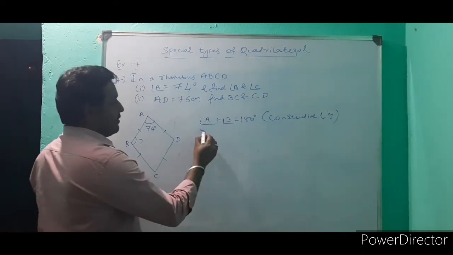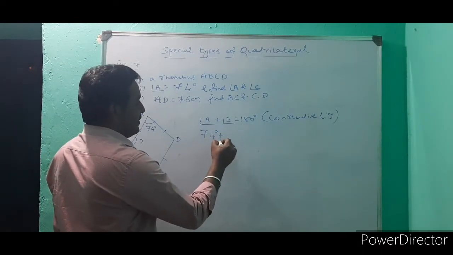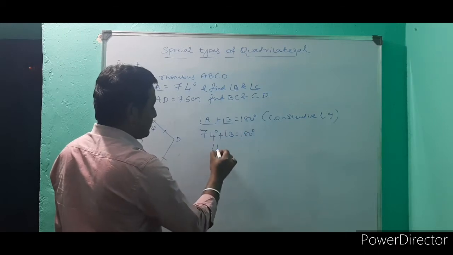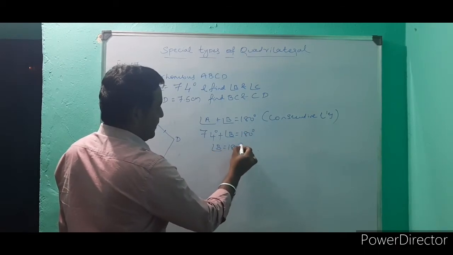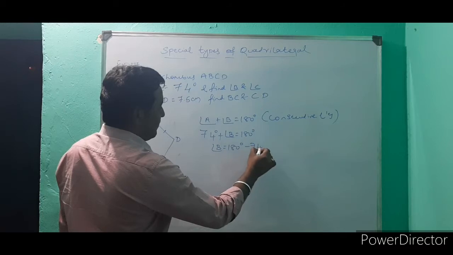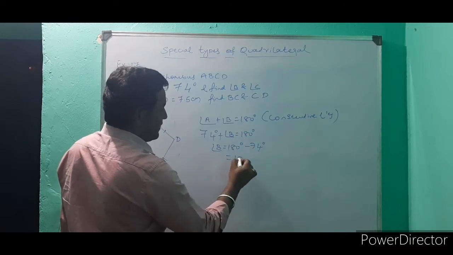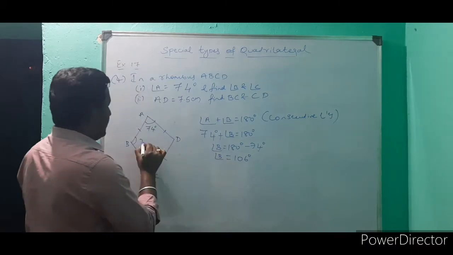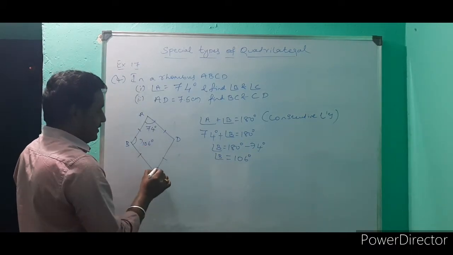So angle A is equal to 74 plus angle B is equal to 180 degree. 180 degree minus 74 degree is equal to 106 degree. Angle B is equal to 106 degree.